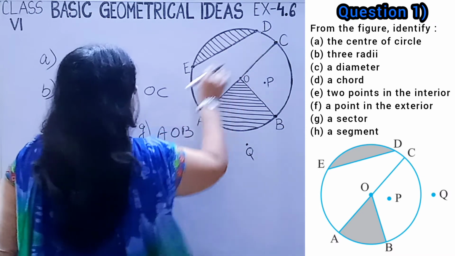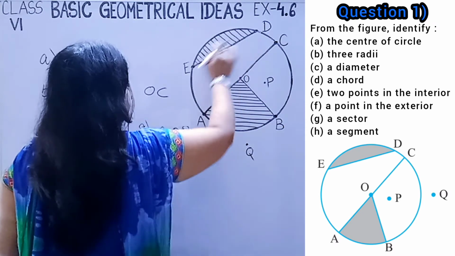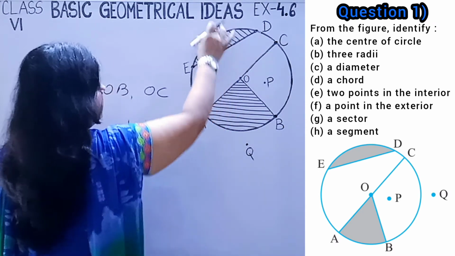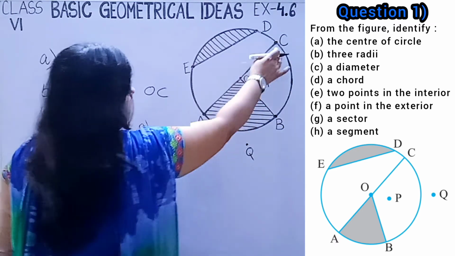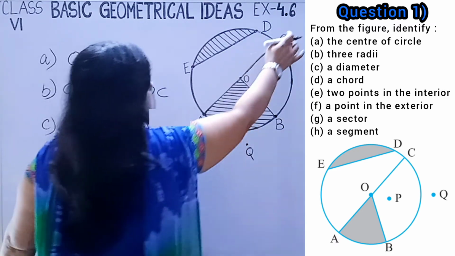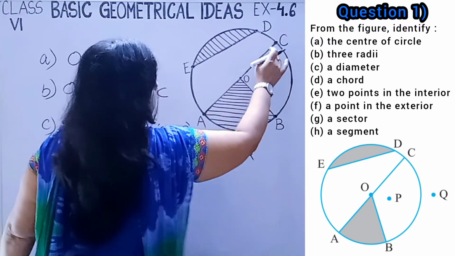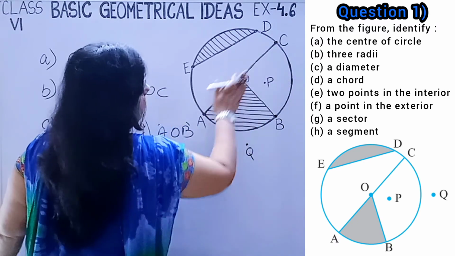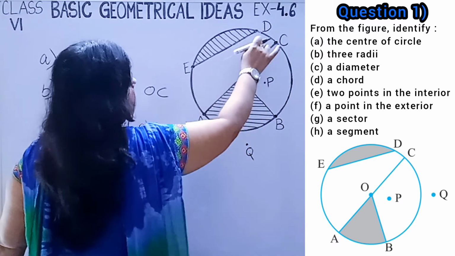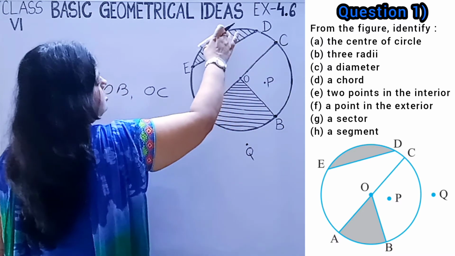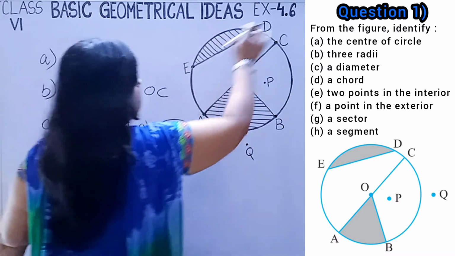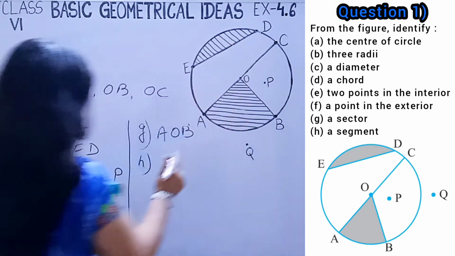This is our chord. So shaded area is our segment. This is also a segment. AC covering this area is segment, and ED covering this area is also a segment. So ED is our segment.